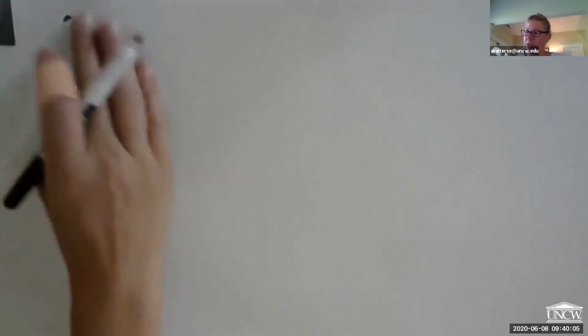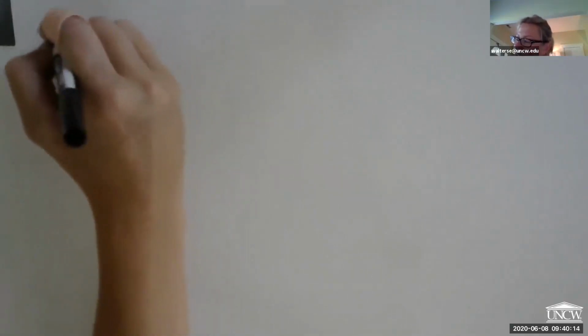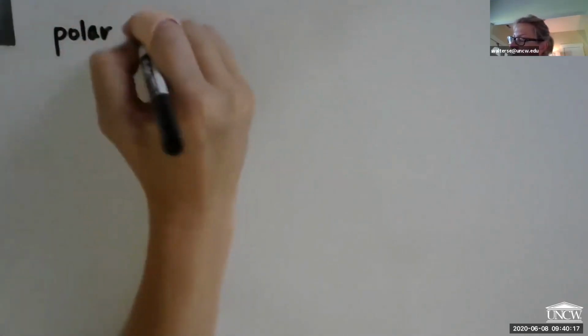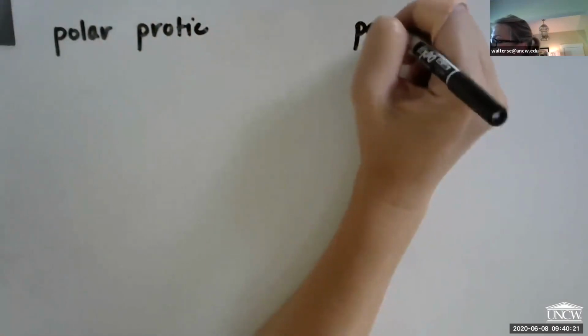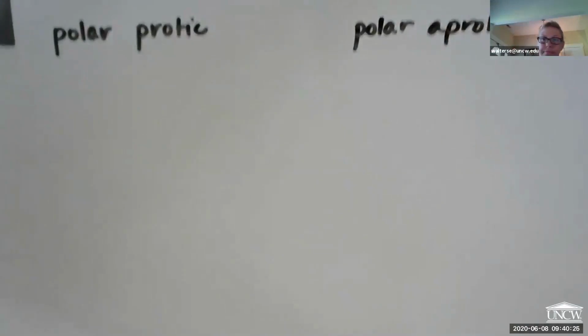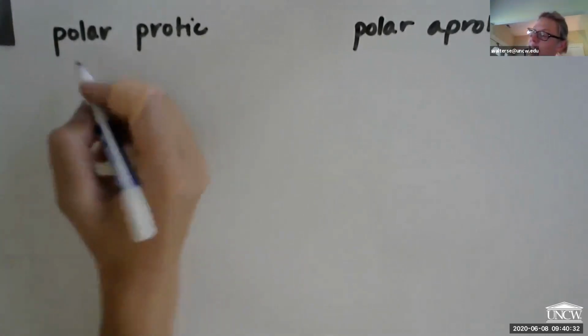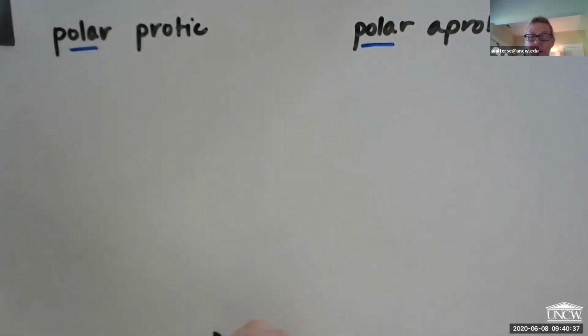Okay, the last thing is the solvents. We're going to have two different types, polar protic and polar aprotic. In both cases, the requirement is that the solvent is polar.